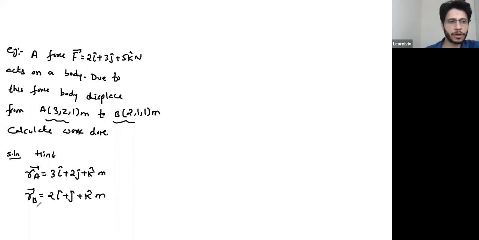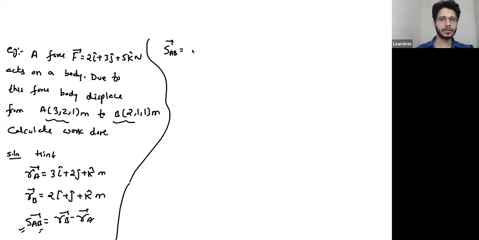The displacement from A to B is given by this relation: S_AB is R_B minus R_A. That's displacement. Calculate work done. So first of all, we need displacement. Work done is the dot product of force and displacement.